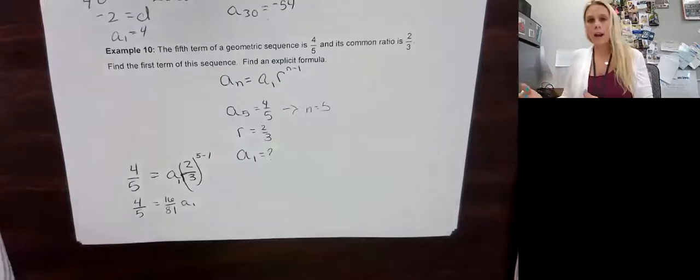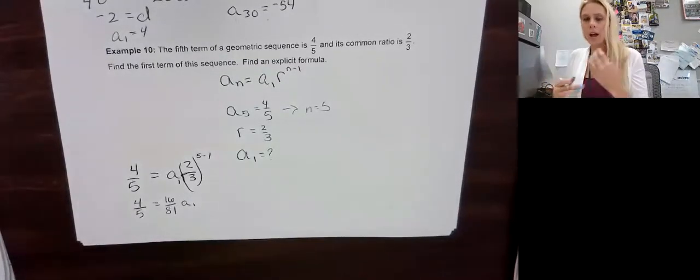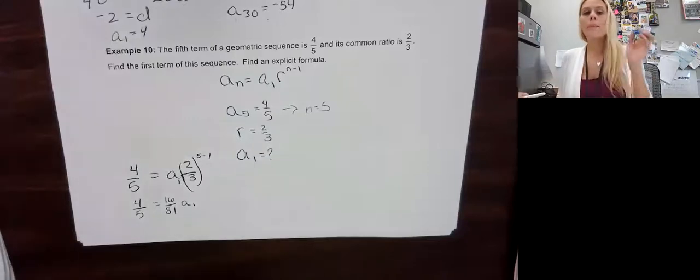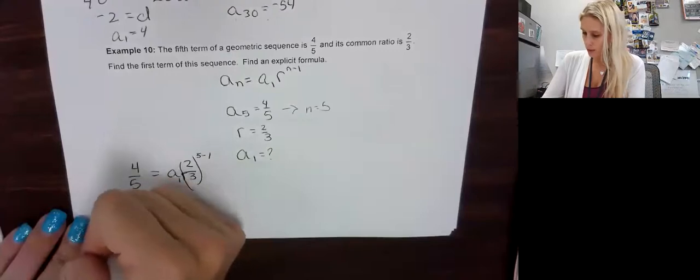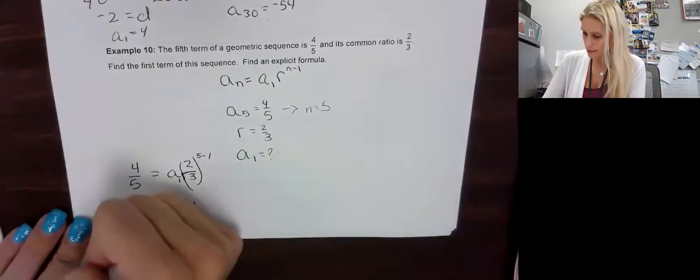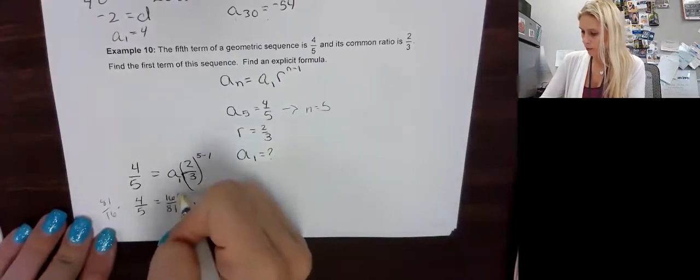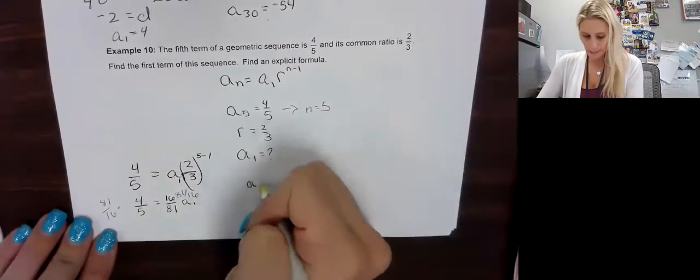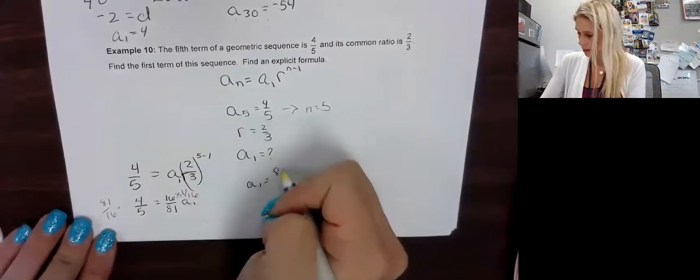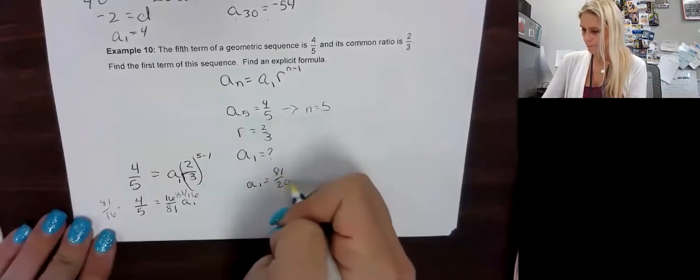How do you get rid of a fraction? We multiply by the reciprocal. So I'm going to multiply each side by 81/16. What happens is we get that a subscript 1 equals 81/20.